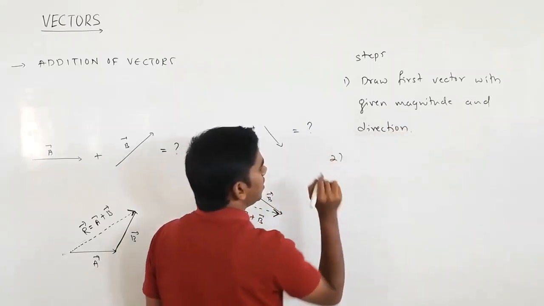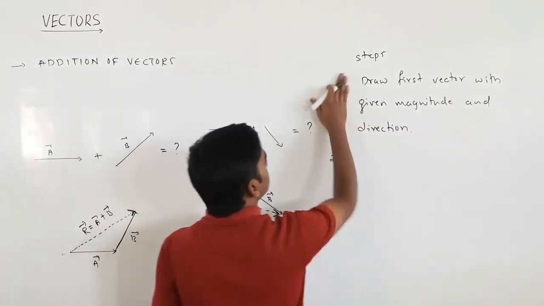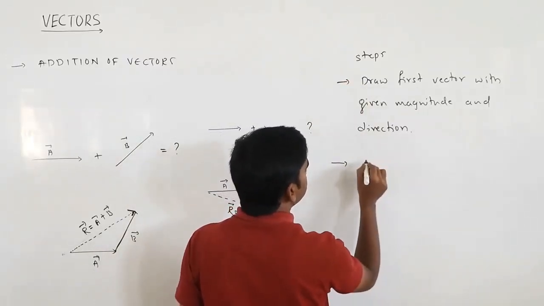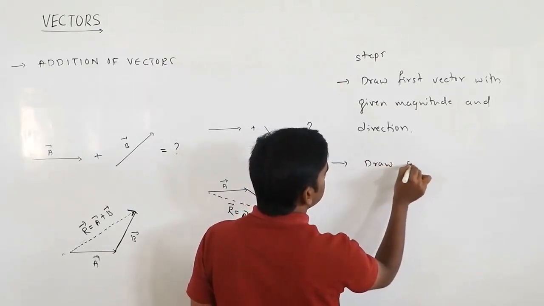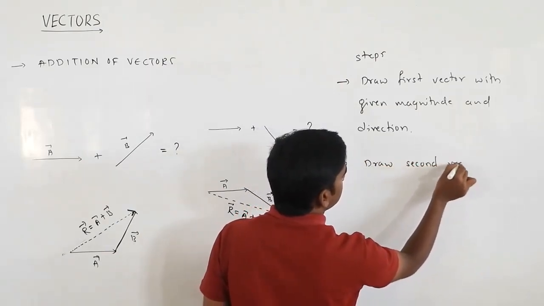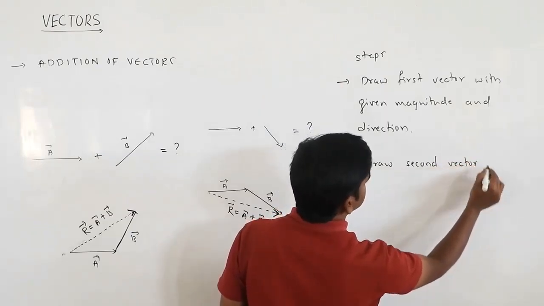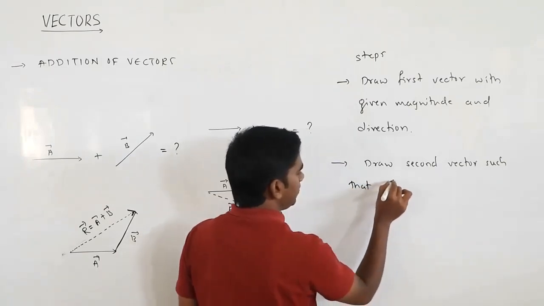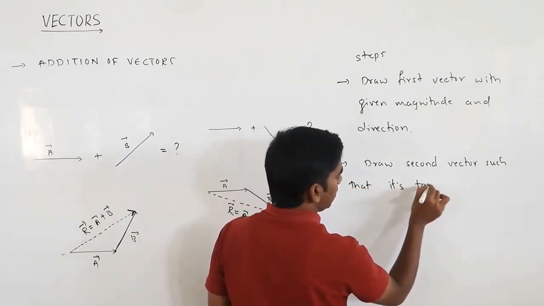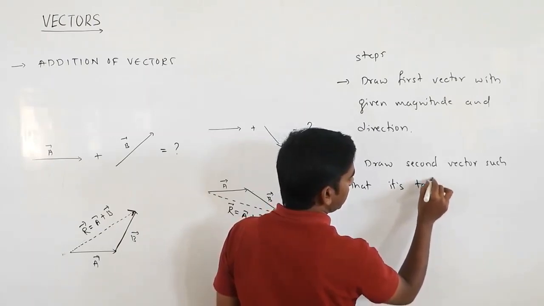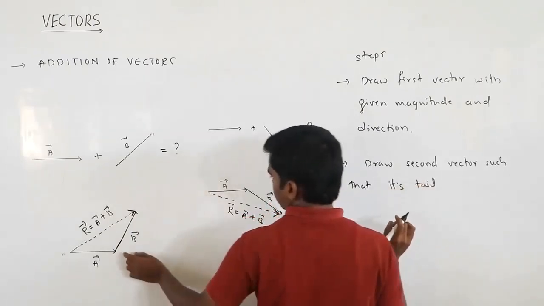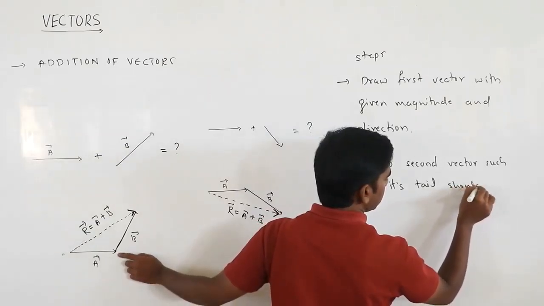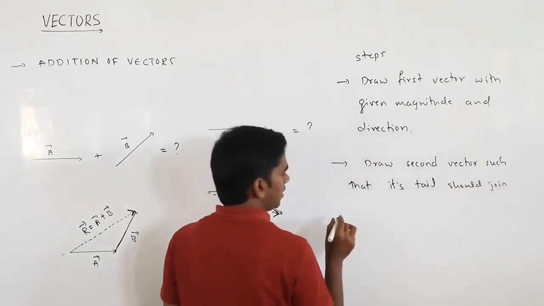Okay, what will be the second step? The second step will be: draw the second vector such that its tail should join with the head of the first vector.